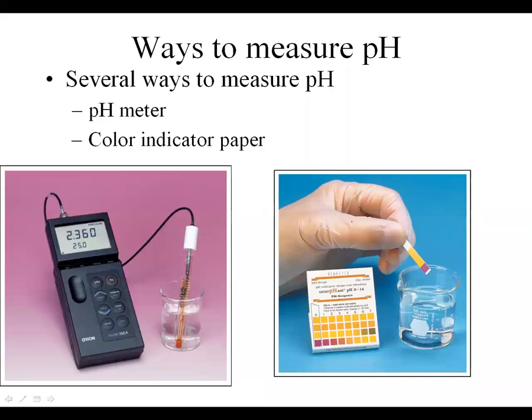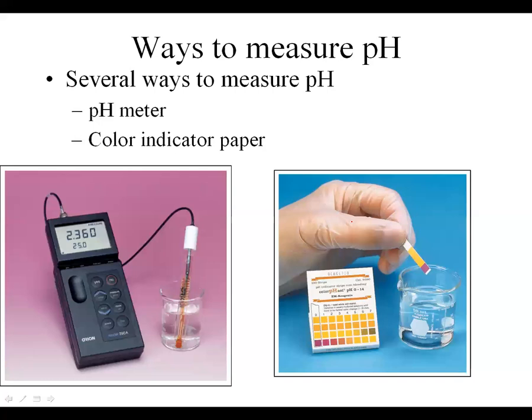A more accurate measurement of pH is done by a pH meter, which is what's on the left. The pH meter is essentially an electrode. It does a little chemical reaction, but basically what it's able to measure is the amount of free H plus in the solution. So those are free H plus ions that are floating around.